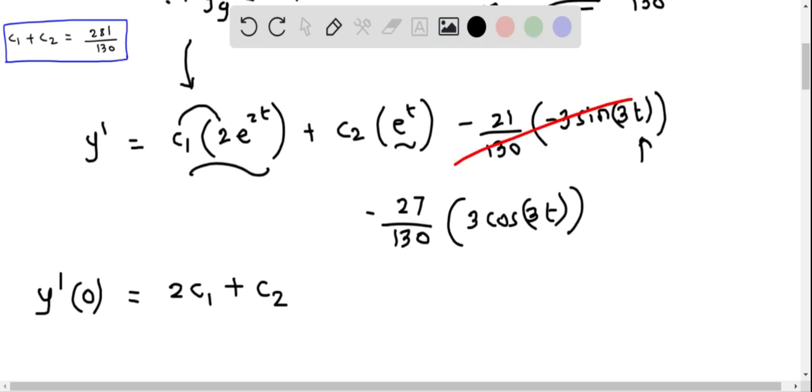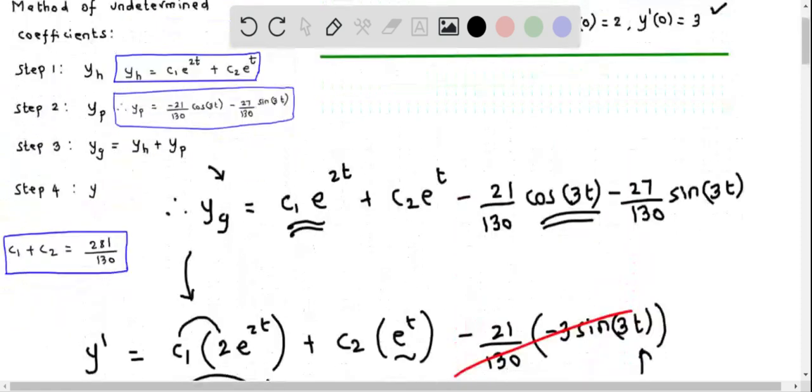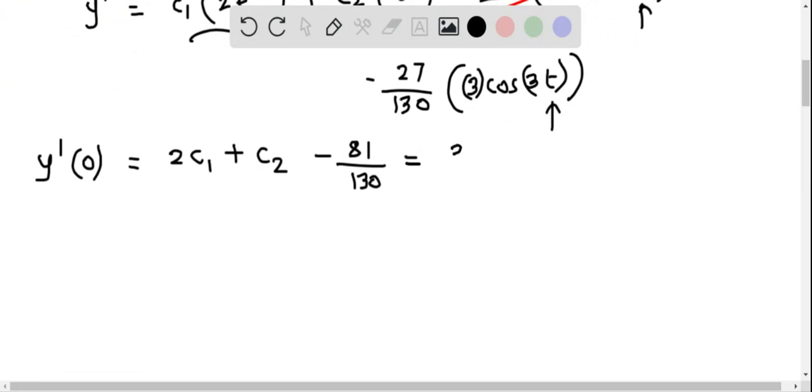And wherever we have a cosine function, if we replace t by 0, this becomes cosine of 0, which is 1, so we just have the multiplier negative 3. So I can write this as negative 27 by 130 times 3. Let's multiply 27 times 3, and this equals 81. So I can replace this with negative 81 by 130. And y prime of 0 is given as 3, so we set this equal to 3.